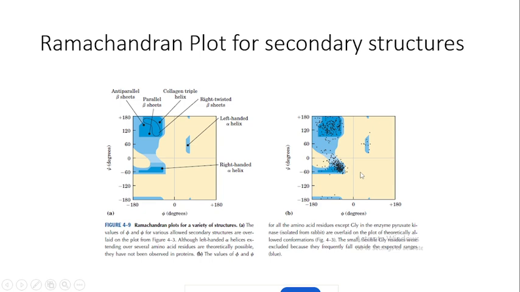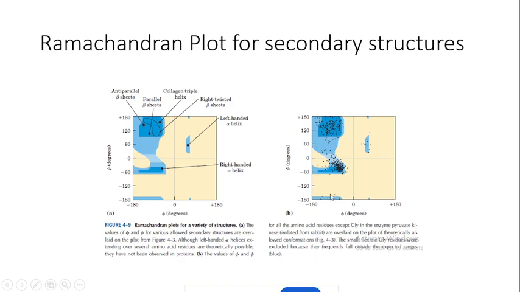So now you can ask me that if all other amino acids are okay, but glycines are falling in the non-allowed region, then how is this enzyme stable? Do you have this question? Yes, sir. So why do you think that others are fine, but only glycine is not?